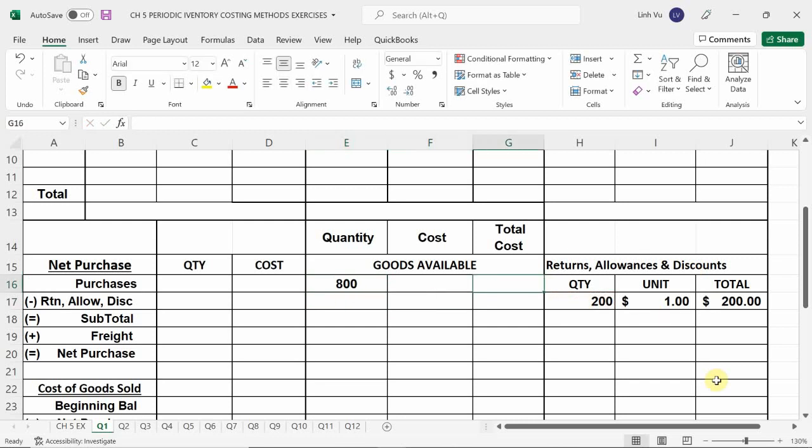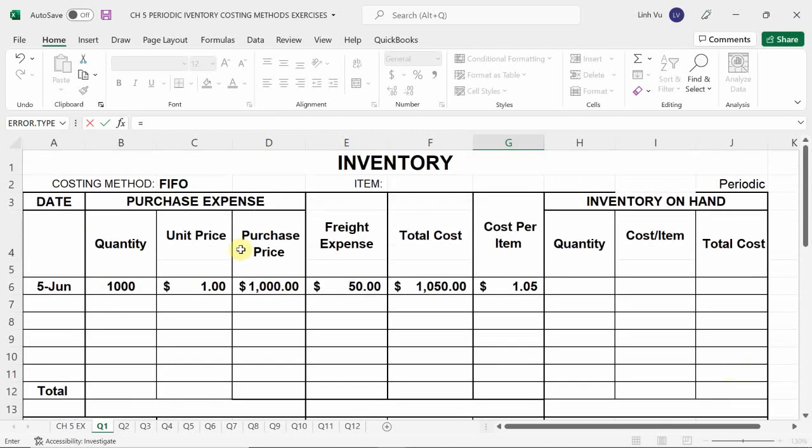And then now, our total cost has also changed because I got a refund for $200. So in this case, my total cost is going to be $1,050.